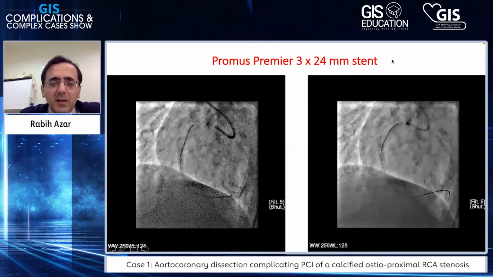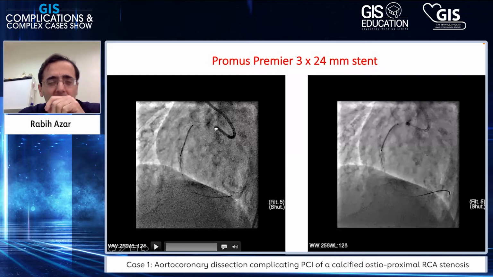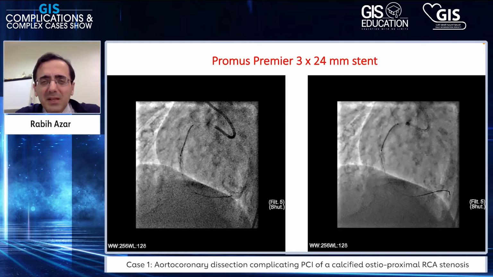So I went in, I placed that stent, and the next option was now to stent the whole proximal and mid segment. So we did not record what we did, but we took a long 3 by 33 millimeter Promus Premier stent to get it in, but it was almost impossible to get that long stent in.